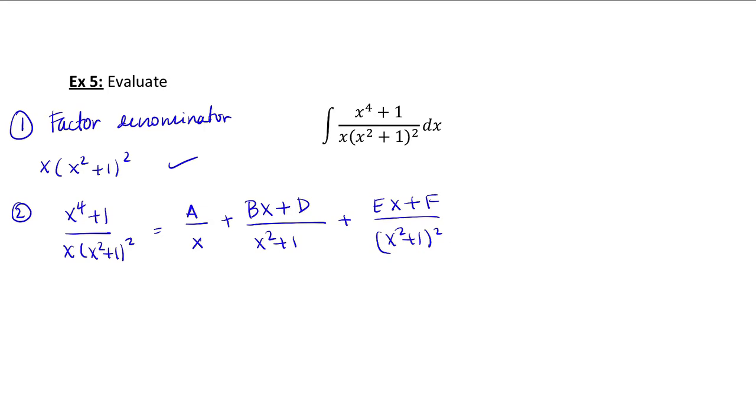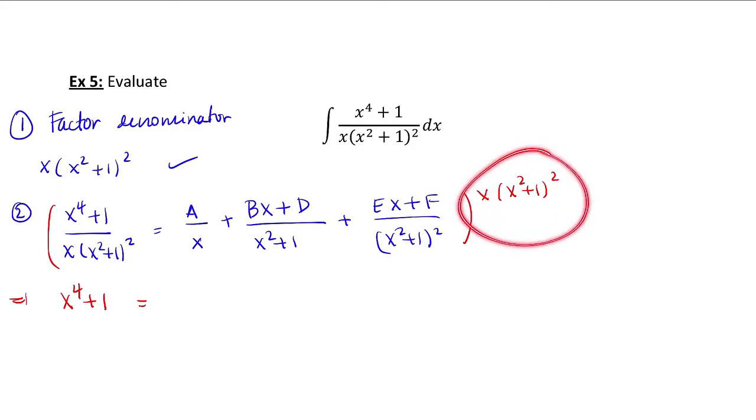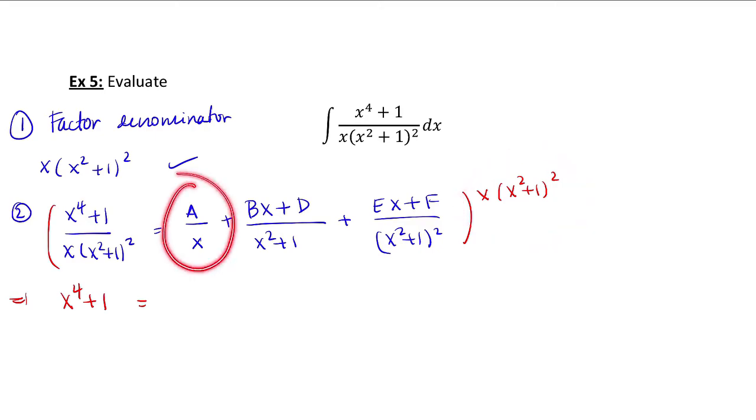And then as usual, the next step is to multiply everything by the least common multiple of the denominator, which is x times (x squared plus 1) squared. What do I get? Well, I get x to the fourth plus 1 on the left-hand side, equals, if I multiply x times (x squared plus 1) squared by this, that cancels, and this is just A times (x squared plus 1) squared.